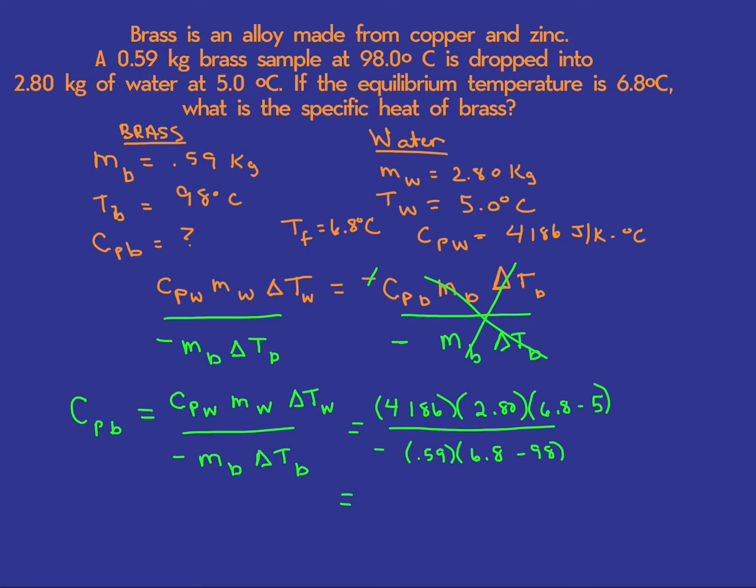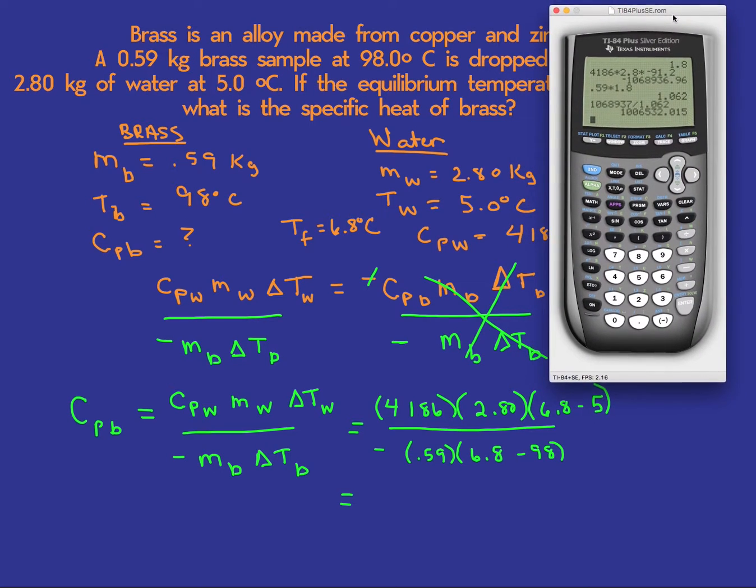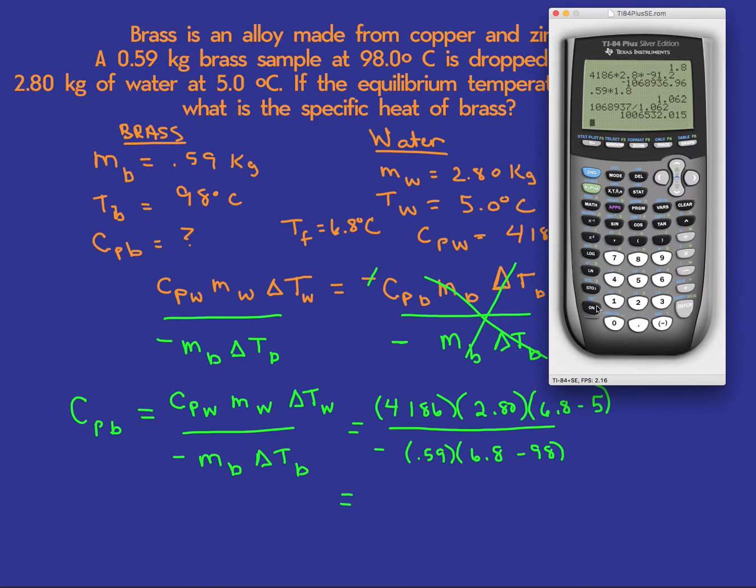Pull up my calculator here, and let's look at the top. 4,186 times 2.8 times, and I'm going to put this in parentheses so it doesn't get all mixed up, 6.8 minus 5, equals 21,097.